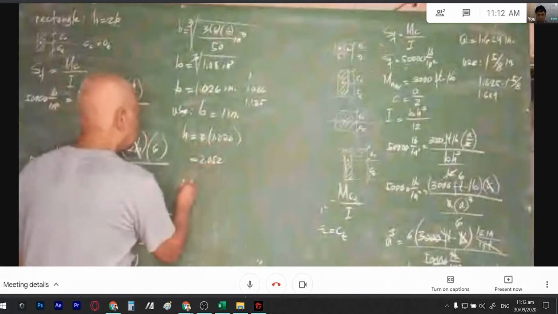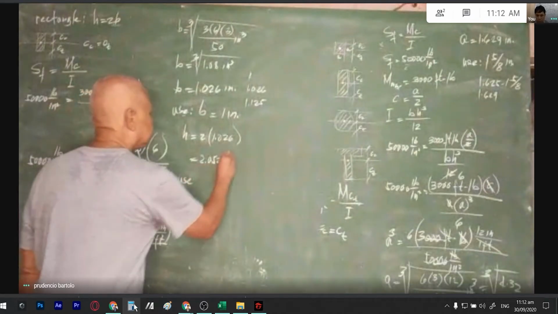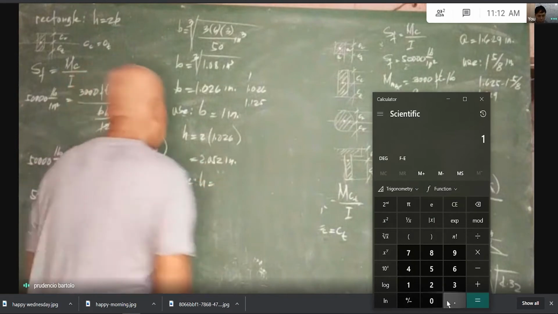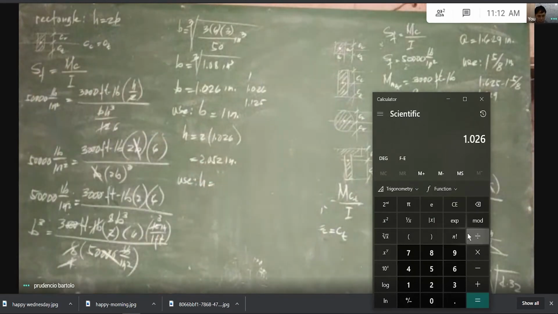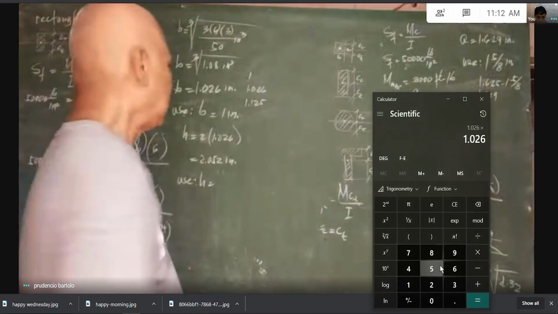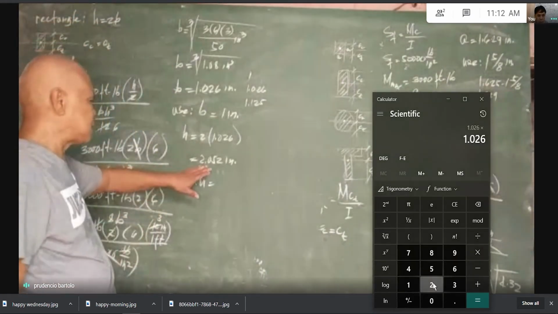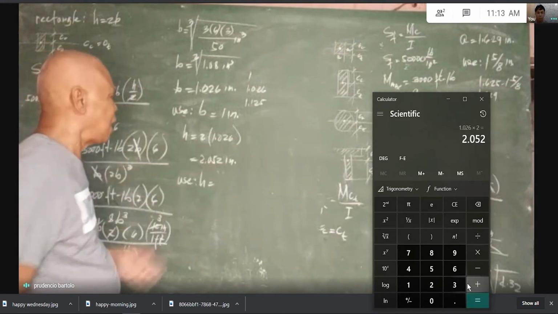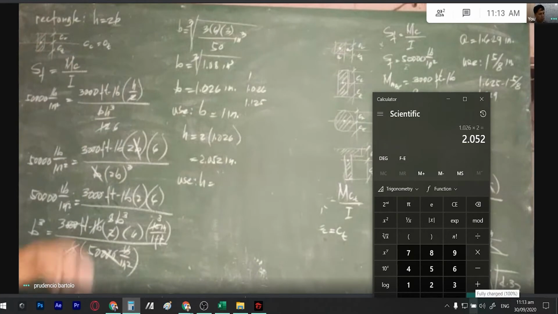So we use X now equal to 2.052. Still within the range of 7/8 to 3.